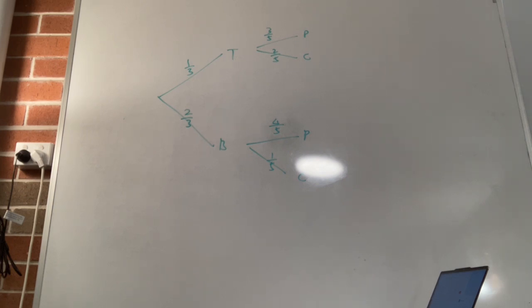Okay, where is the top and chicken? So you go across and times those, that's right. So the probability of chicken. Where's the probability of chicken? Probability means the whole of.